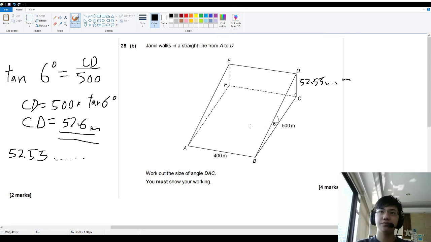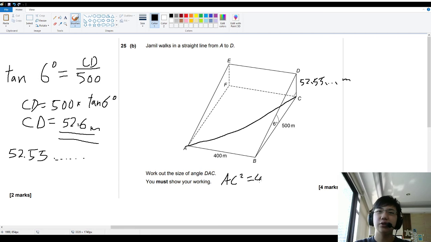So first of all, to find out the size of angle DAC, we should find out the length of AC. So this length over here, with AB and BC. The length of AC can be figured out using the Pythagorean theorem.